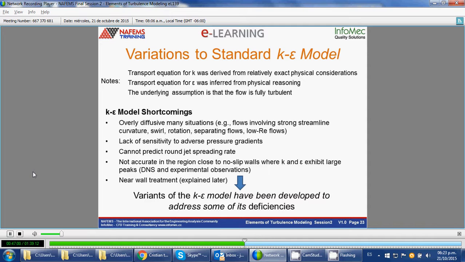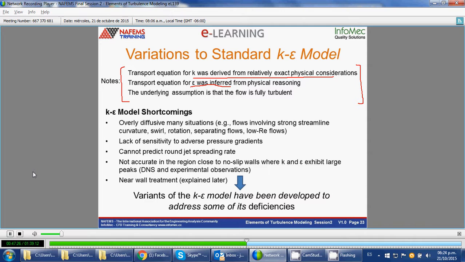So let me restate what I just said, emphasize again. The transport equation for k was relatively exact, right? It's based on the mean flow, that's fine. We said epsilon is really physical reasoning.